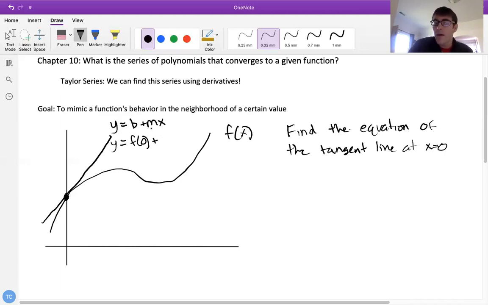So the slope m should be whatever the derivative of our function is evaluated at 0. All right, so this thing is called the first order or first degree Taylor polynomial.